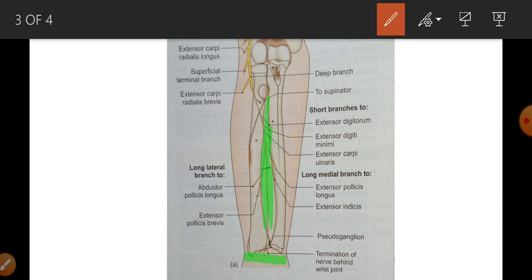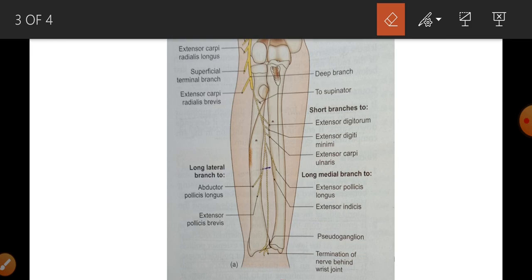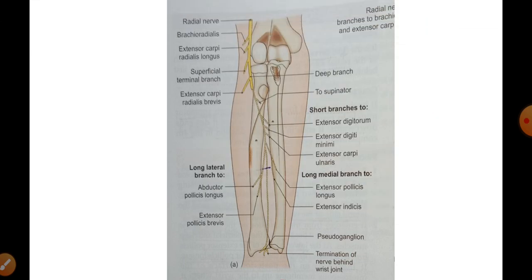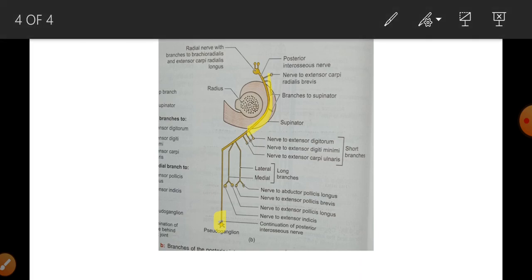That is the relations. Now the branches. It gives muscular branches, articular branches and sensory branches. The muscular branches we are studying under three categories: before piercing the supinator, while passing through the supinator, and after emerging from the supinator.